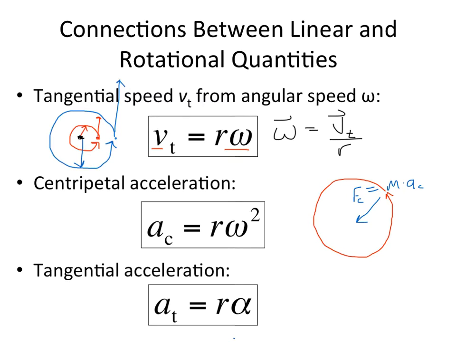So this directed towards the center is some sort of acceleration, but it's an acceleration directed towards the center. In fact, if you recall, that's what centripetal means, center seeking. So even if an object is moving at a uniform rate in a circle, it's still experiencing an acceleration. A force is being applied to that mass towards the center right there.